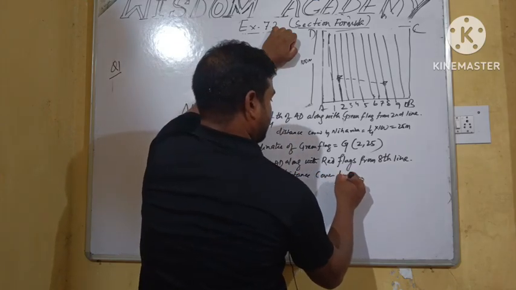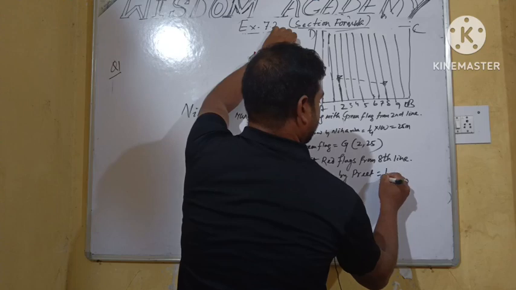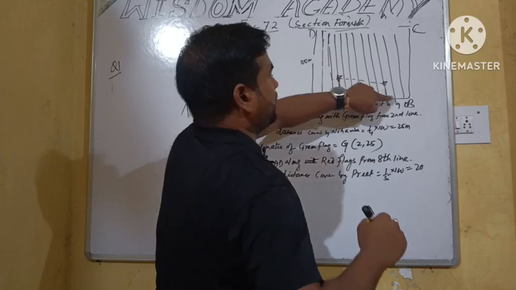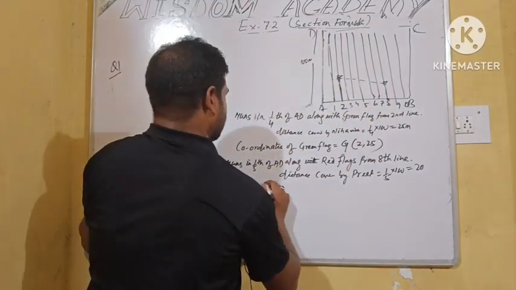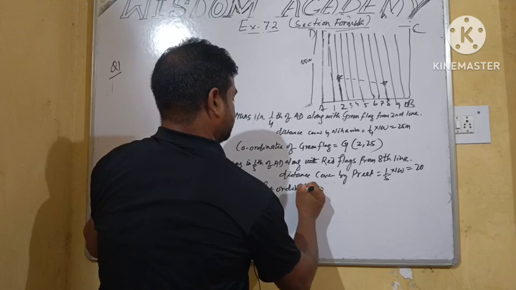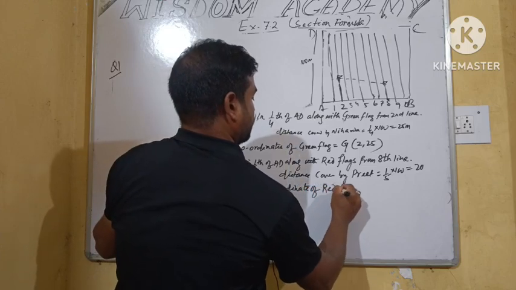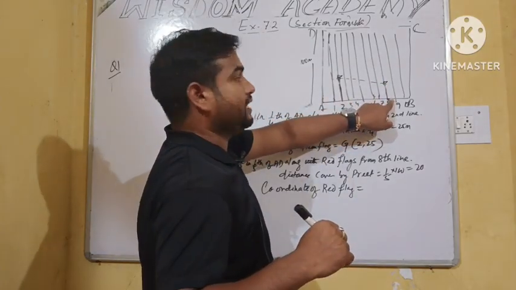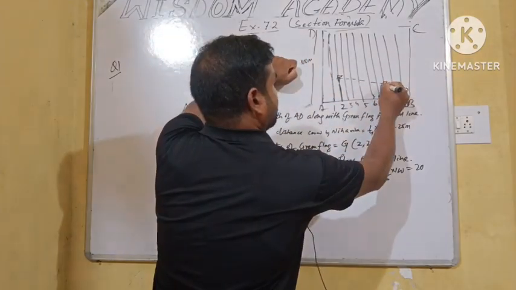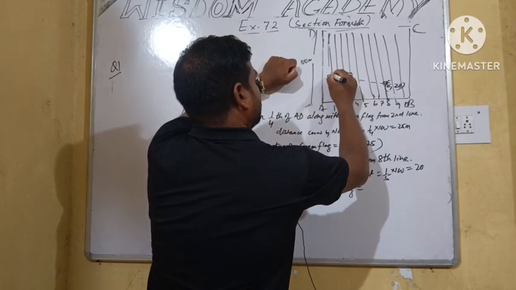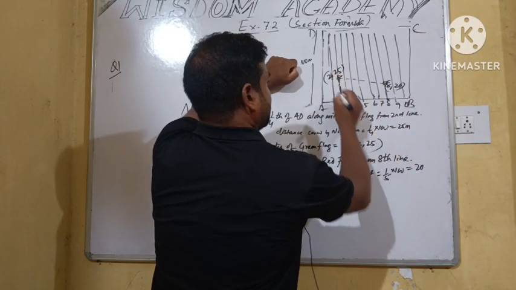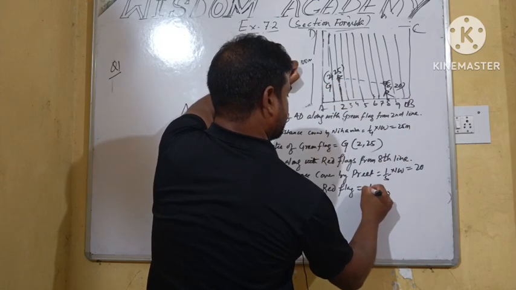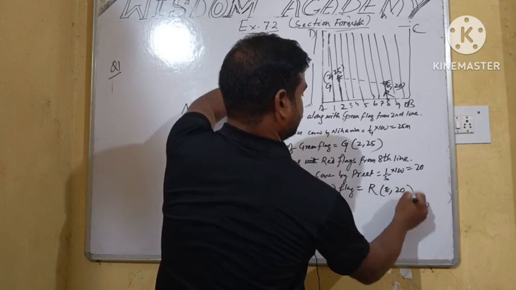So Preet covered a distance of 20 meter. Then the coordinate of the red flag will be 8 on the x axis and 20 on the y axis, (8, 20). This point is G, and suppose we consider this point is R, which is (8, 20).